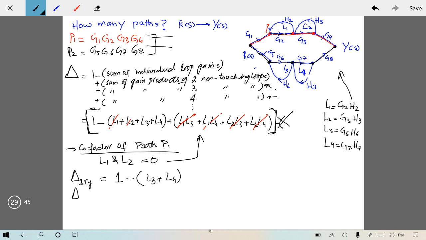Similarly, del 2 ry would be equal to 1 minus L1 plus L2, because for path 2 you have loops L3 and L4. Putting L3 and L4 equal to 0 in this determinant expression, you get this.